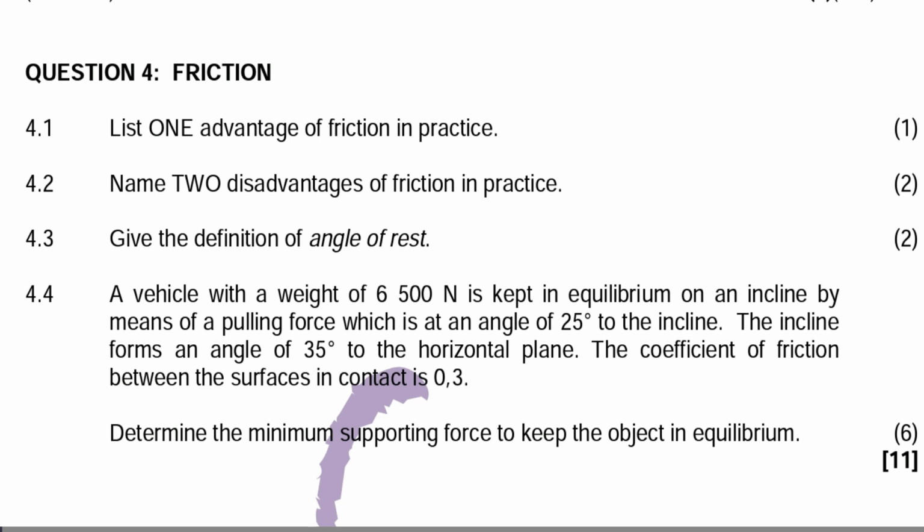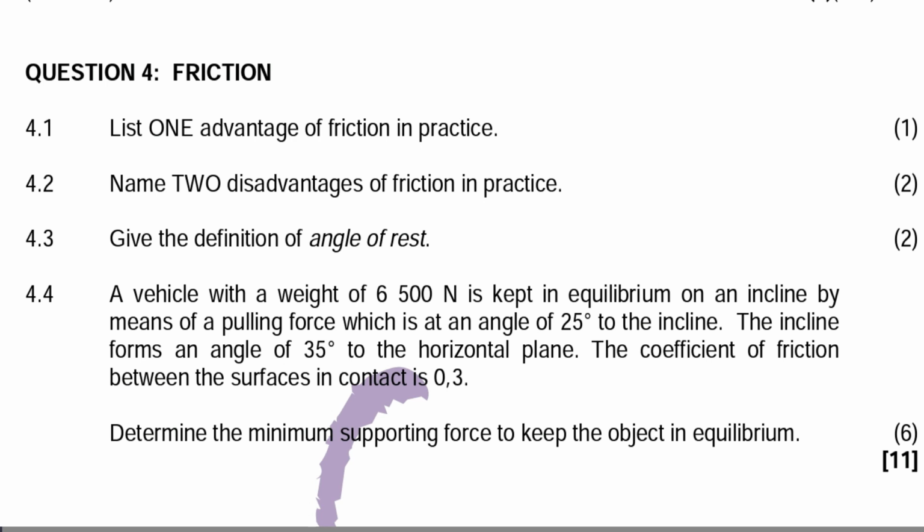A vehicle with a weight of 6,500 newtons is kept in equilibrium on an incline by means of a pulling force, which is at an angle of 25. That is the angle of the force. The force is applied at an angle to the incline, and that angle is 25.